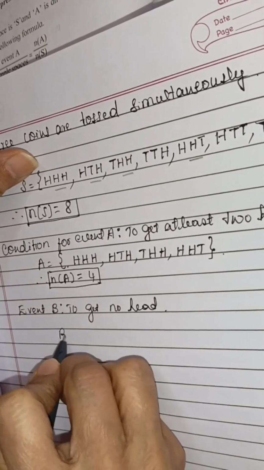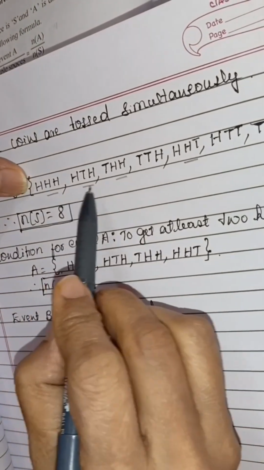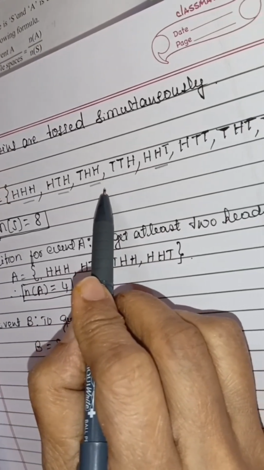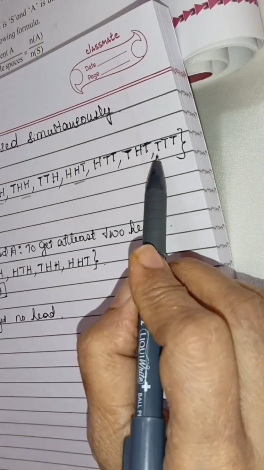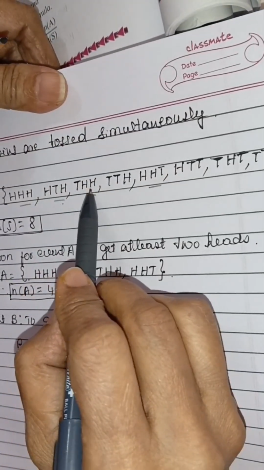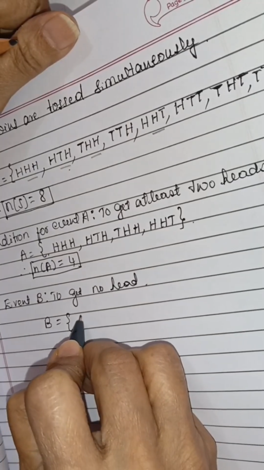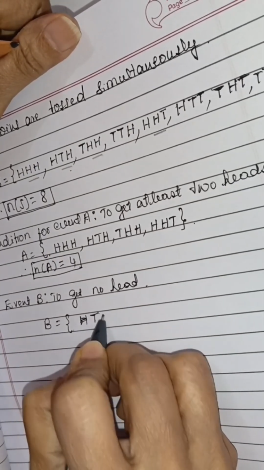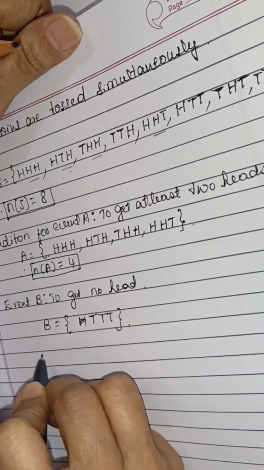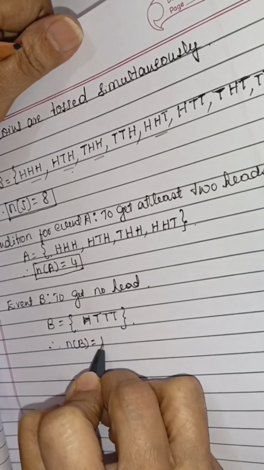Event B is to get no head, which means only tails. Every other point has a head, so only TTT. Therefore N of B is 1.